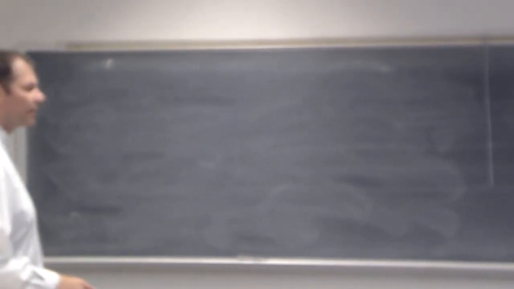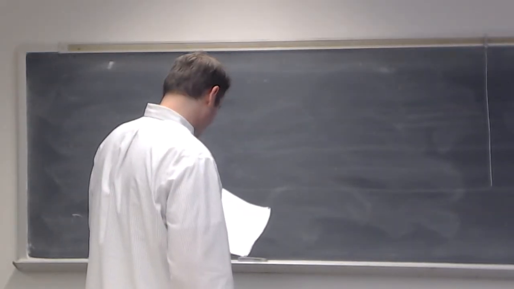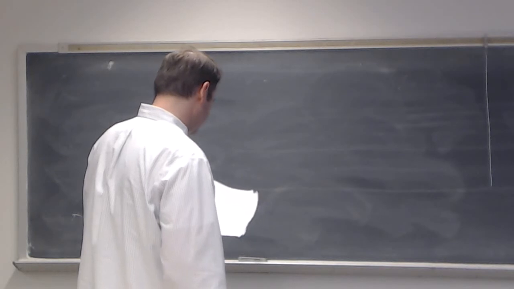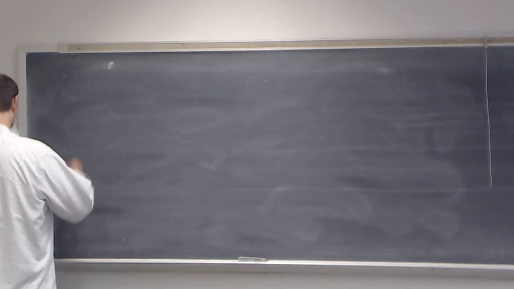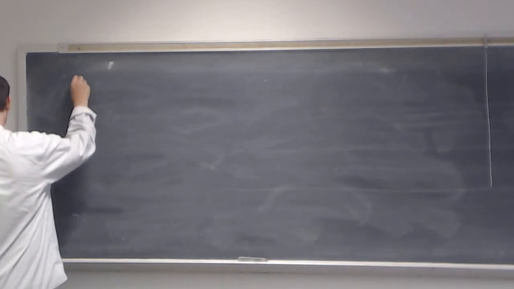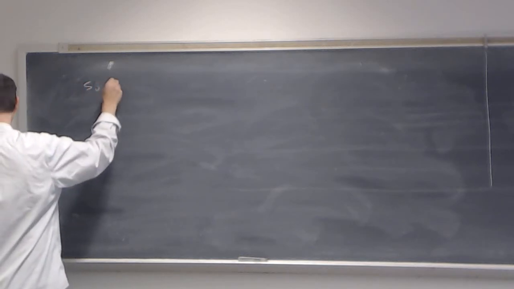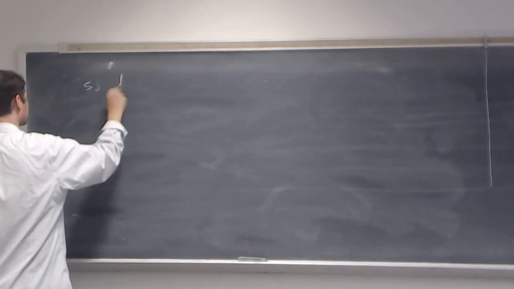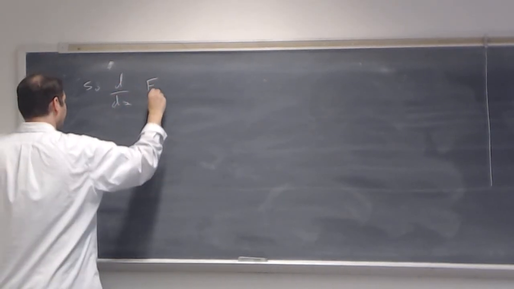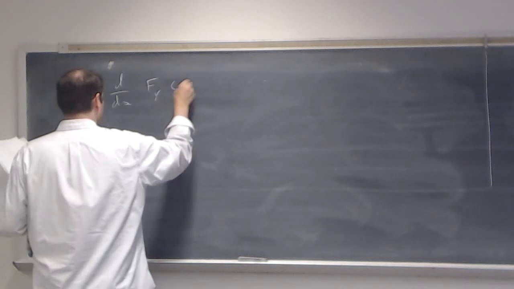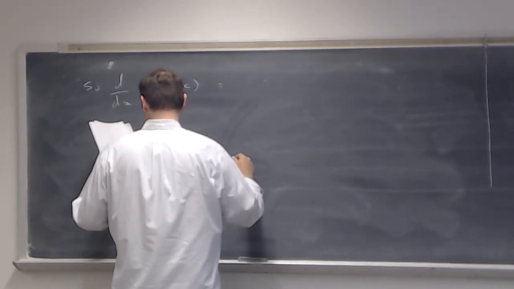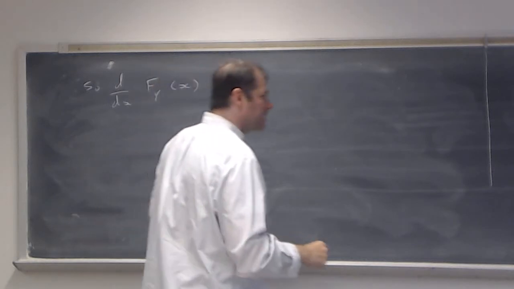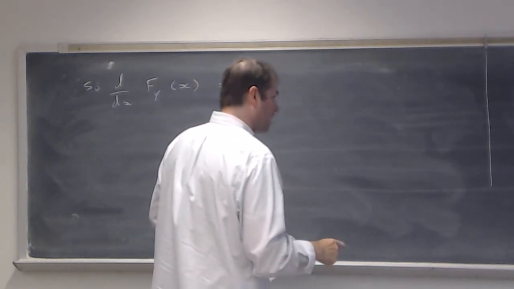Okay. Now, that's what we have. And so if we take the derivative with respect to x of the CDF of y of x, that's going to be equal to, well, here we would have, and I'll rewrite this.